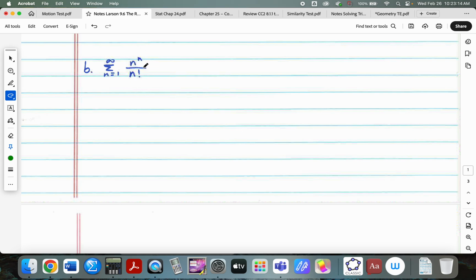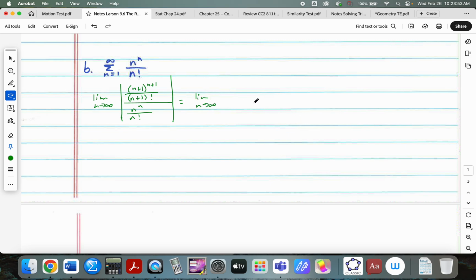This is all positive terms, so I can go the limit as n goes to infinity of the absolute value of n plus 1 raised to the n plus 1 over n plus 1 factorial all over n to the nth over n factorial. So I'm going to take the limit as n goes to infinity.